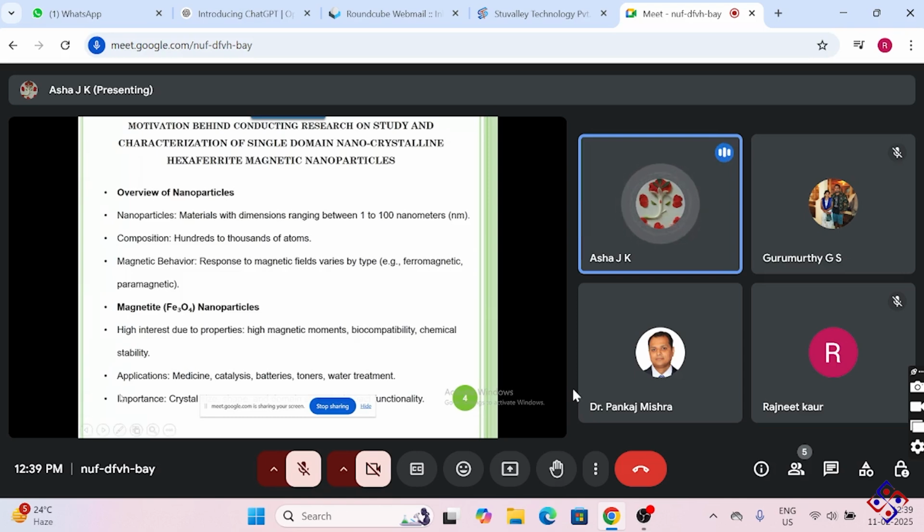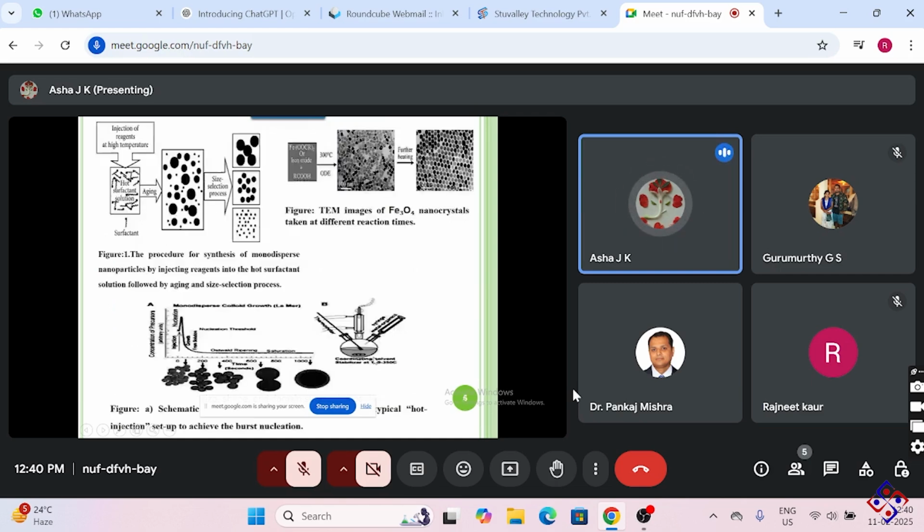Magnetic behavior, the response to magnetic fields, varies by type: ferromagnetic, paramagnetic, ferrimagnetic, superparamagnetic, etc. Magnetite, Fe3O4 nanoparticles, have high magnetic moments, biocompatibility and chemical stability, and a wide range of applications in medicine, catalysis, batteries and water treatment, etc.